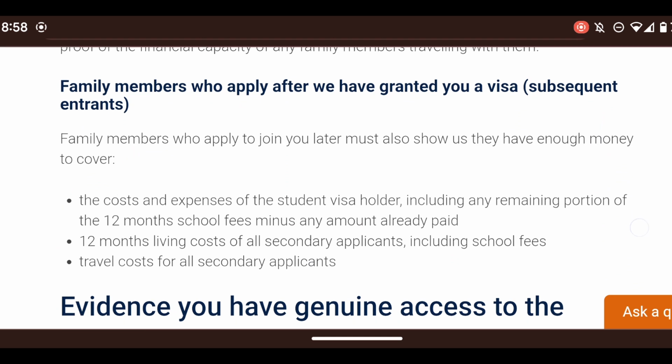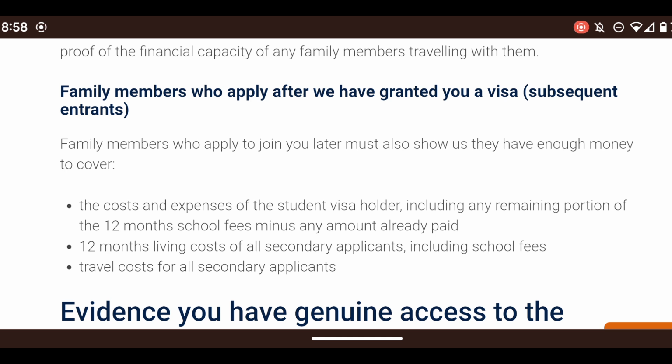Okay, so for family members who apply after you have arrived in Australia, some people bring their family after they have arrived. They also say that you have to show proof that they will be comfortable. You have enough money for them to stay for the first 12 months they're going to stay in Australia, okay, including the remaining amount that you're supposed to show.